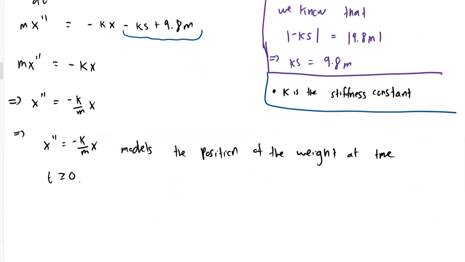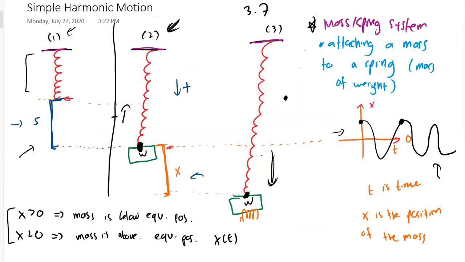we can also add some initial conditions. For example, let's say that we pulled the spring down x naught units and we let go. Then the position of the spring at time 0 would be x naught, because remember, position underneath equilibrium is positive. Position above equilibrium is negative.